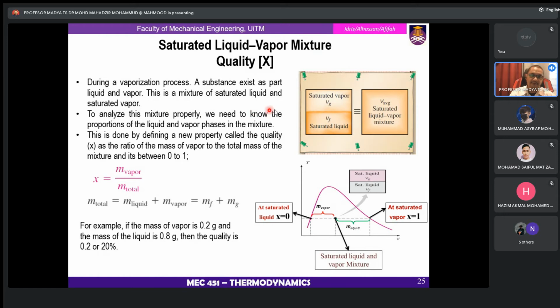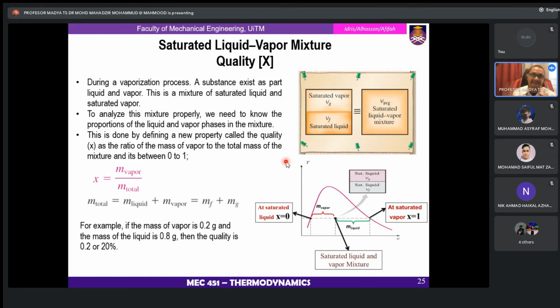So let's go for the theoretical statement. During the vaporization process, a substance exists as part liquid and also vapor. So this is a mixture of saturated liquid and saturated vapor.